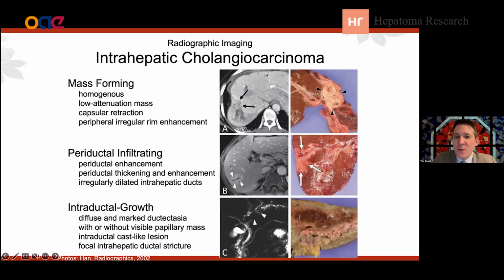There's also the periductal infiltrating intrahepatic cholangiocarcinoma, and these tumors usually present with periductal enhancement and periductal thickening with some irregularly dilated intrahepatic ducts. And then there's also the intraductal growth pattern, which usually presents as ductectasia, this sausage-like appearance of the biliary tree, and you may or may not see an intraductal papillary mass.